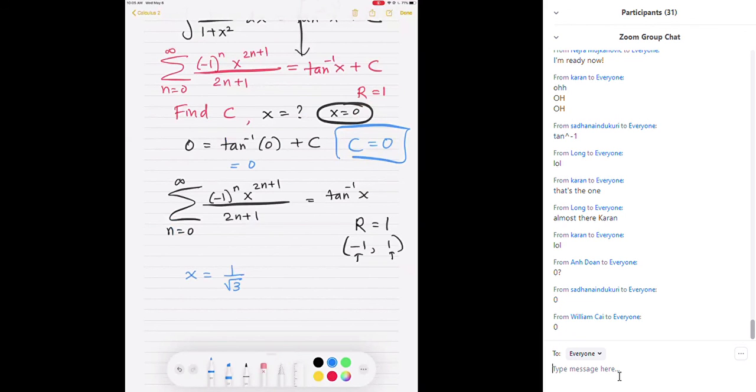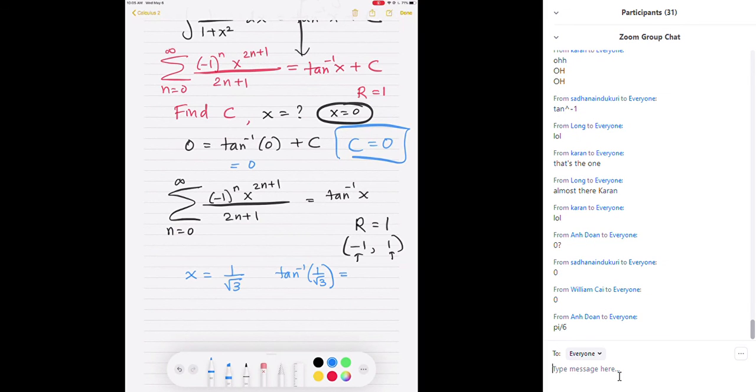So tell me, if I put x equals 1 over square root of 3, what is tan inverse of 1 over square root of 3? And so tan inverse of 1 over square root of 3 would be?